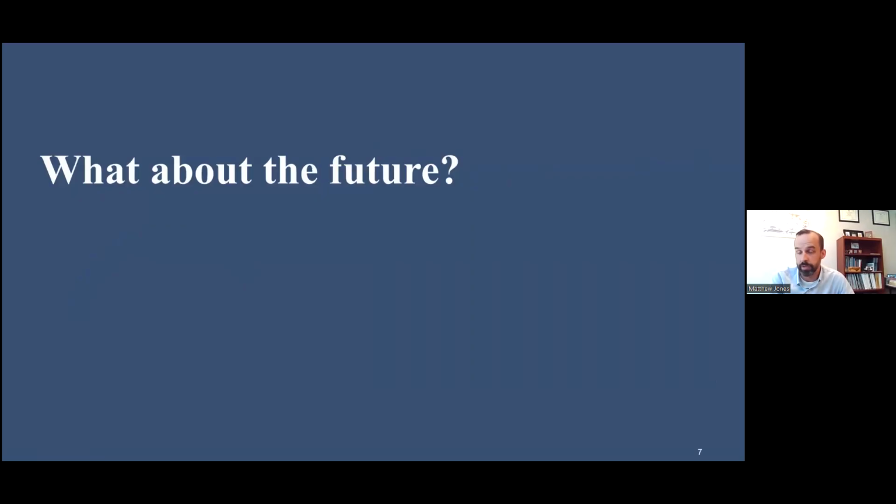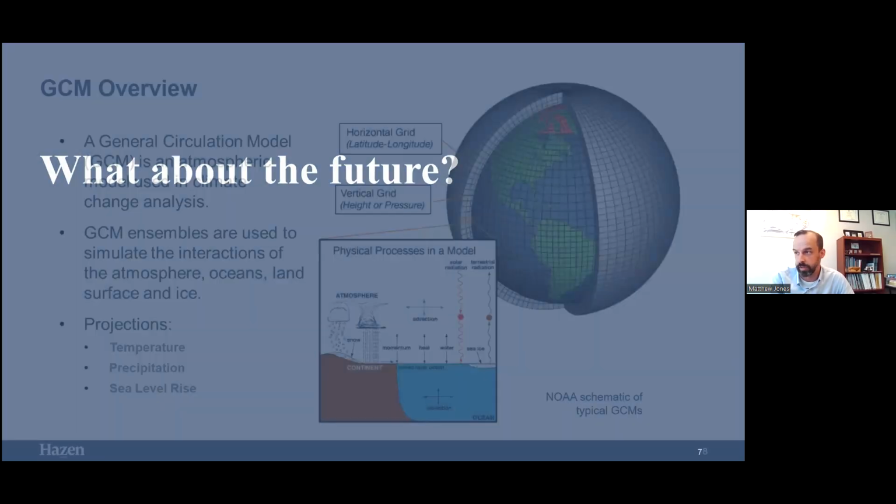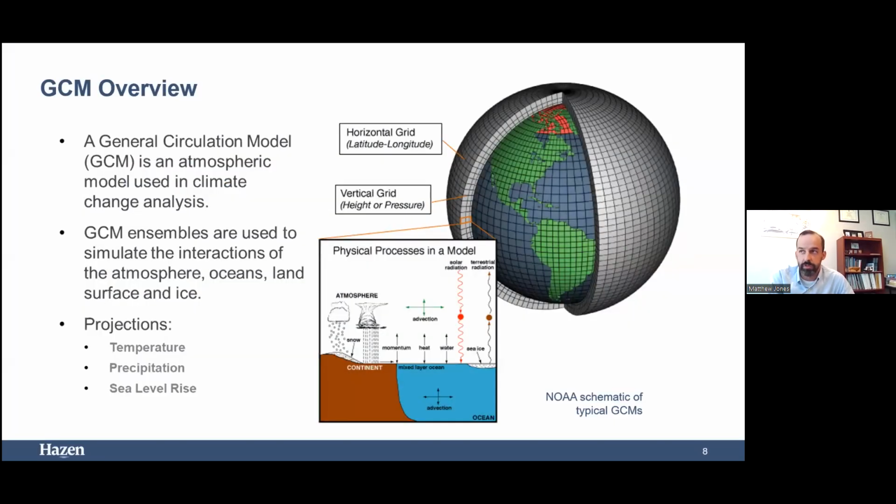But what about when we look at future climate conditions? Of course, we can use general circulation models to evaluate this and really look at all the interactions of the atmosphere, the oceans, land surface, and ice on a global scale, and project things like temperature, precipitation, and sea level rise, and then through a variety of downscaling efforts, take that to a more locally relevant scale.